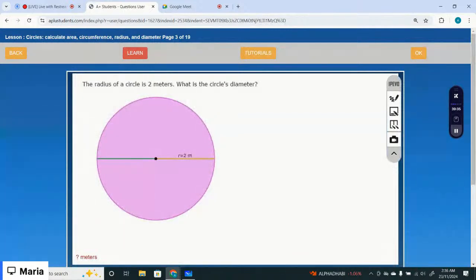The next one is, the radius of the circle is 2 meters. What is the circle's diameter? So diameter equals 2 times r. So that is 2 times 2 equals 4.